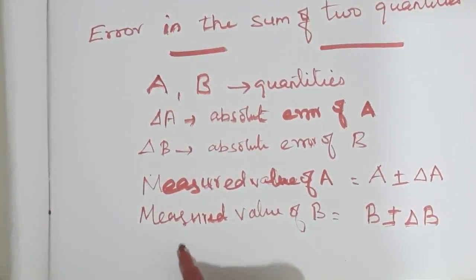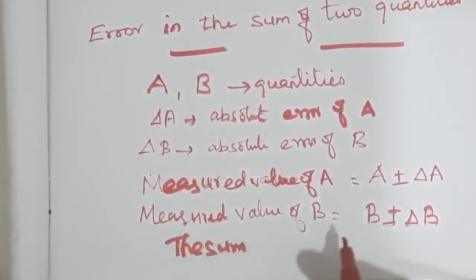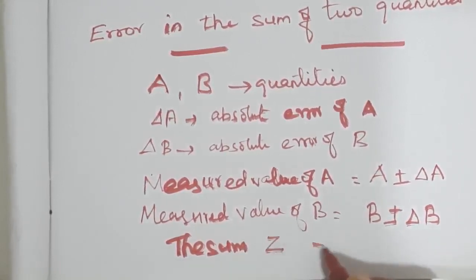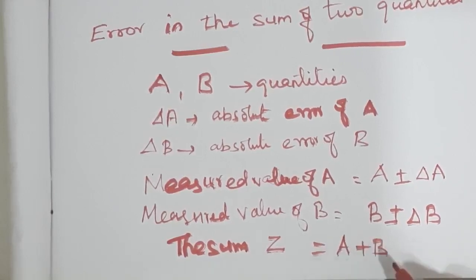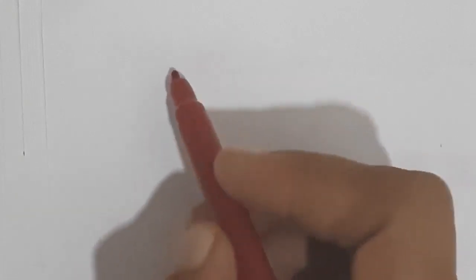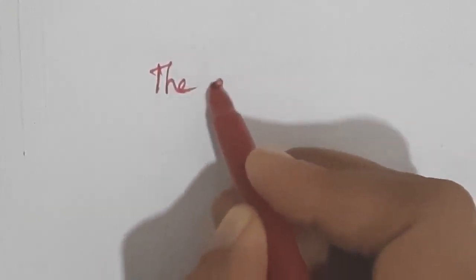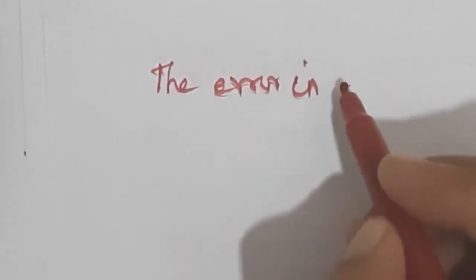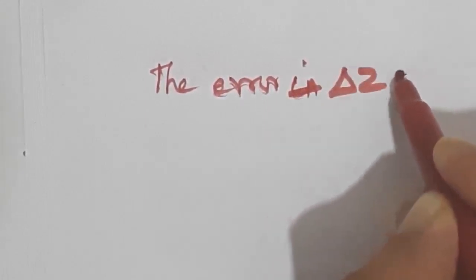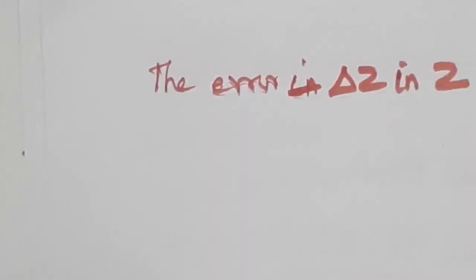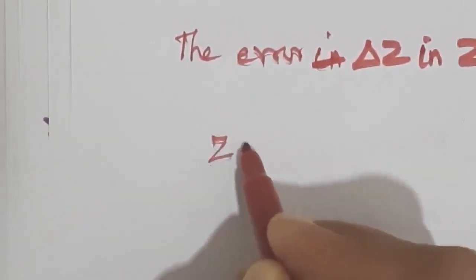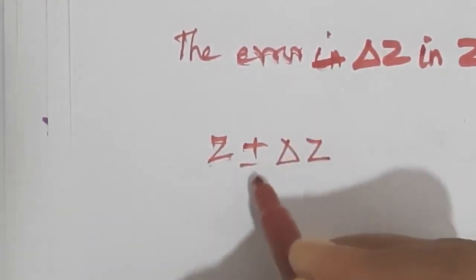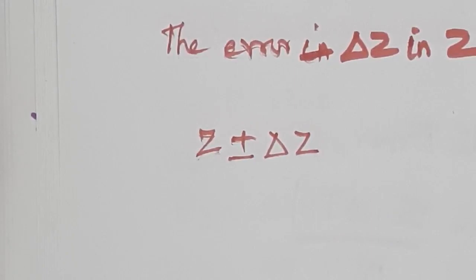Consider the sum as Z. So Z is equal to A plus B. Now the error in this Z is delta Z. So the error delta Z in Z is given by Z plus or minus delta Z. Understand?